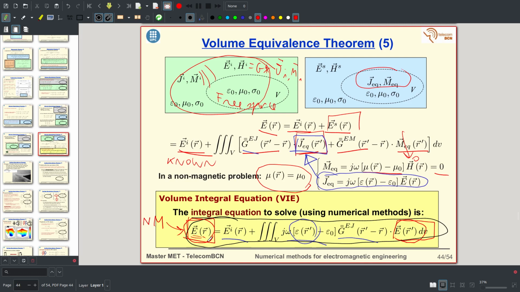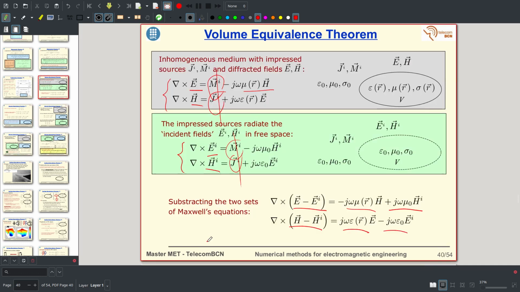So the equivalence theorem has allowed us the formulation of an equation for the electric field in a difficult problem. The problem was difficult because remember that our original problem was the radiation of some currents, impressed currents, in the presence of an inhomogeneous object, and we only knew how to compute radiation of currents in free space, but not in the presence of an object.